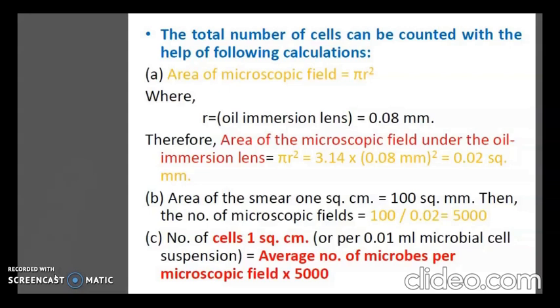Area of the smear per square centimeter is equal to 100 square millimeter. Then the number of microscopic fields is 100 divided by 0.02, which is 5000. Therefore, the number of cells per square centimeter is equal to the average number of microbes per microscopic field times 5000.